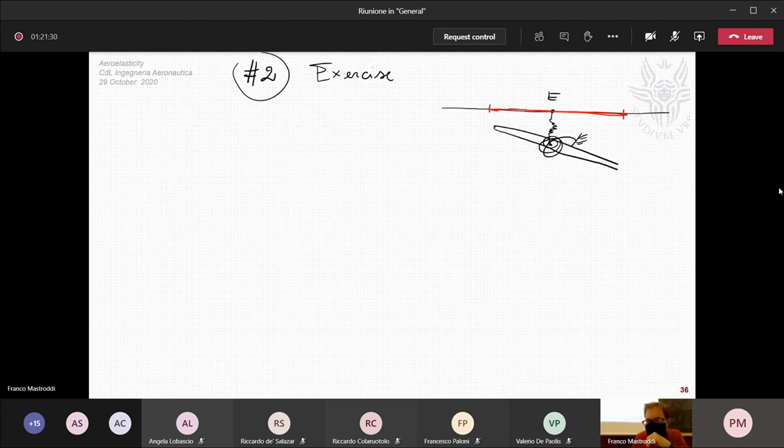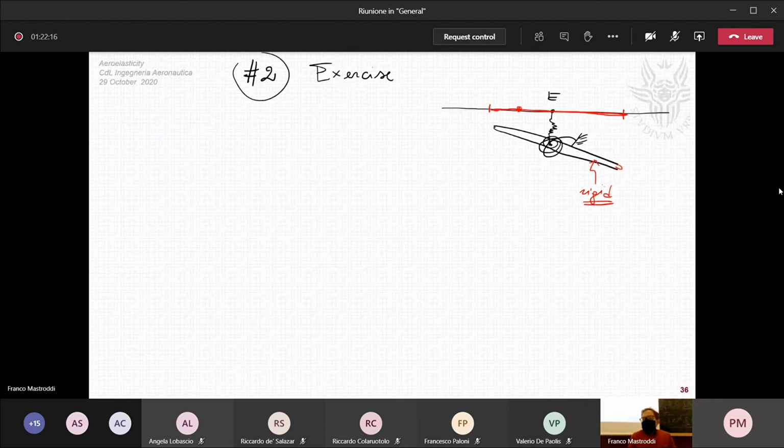We want to choose a point like this as main degree of freedom, and this rigid body in this plane, the section is rigid, and therefore the elasticity is given only by the elastic constraint of the airfoil to the undeformed configuration. So essentially you have a rigid body in this 2D plane, and initially you have 3 degrees of freedom for a body in a plane, 2 for the translation and 1 for the rotation.